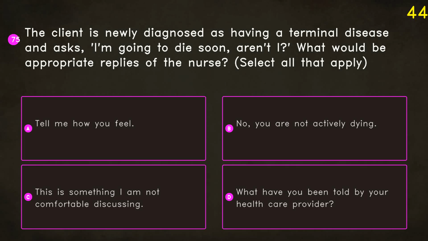Question 75. The client is newly diagnosed as having a terminal disease and asks, "I'm going to die soon, aren't I?" What would be appropriate replies of the nurse? Select all that apply. A. Tell me how you feel. B. No, you are not actively dying. C. This is something I am not comfortable discussing. D. What have you been told by your healthcare provider?